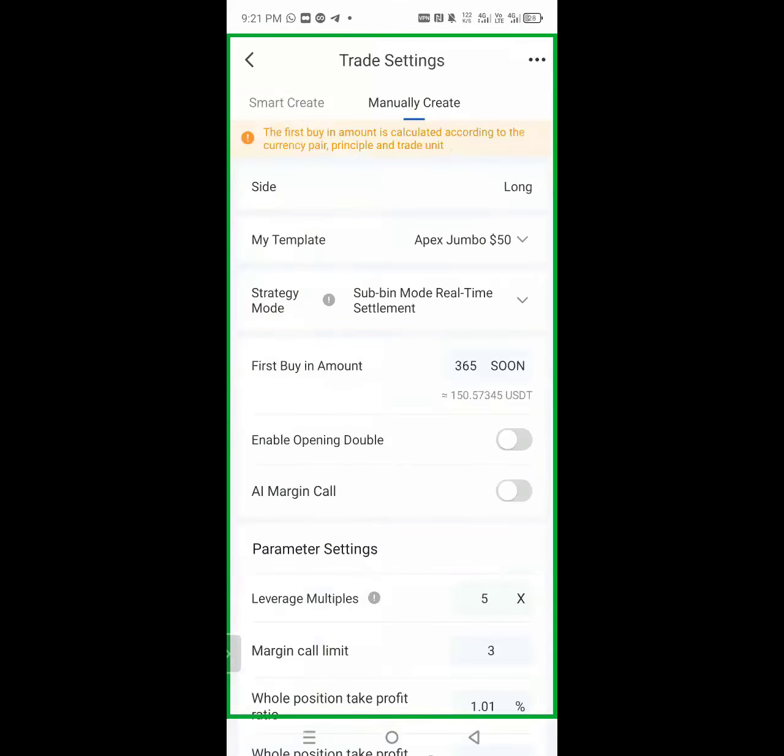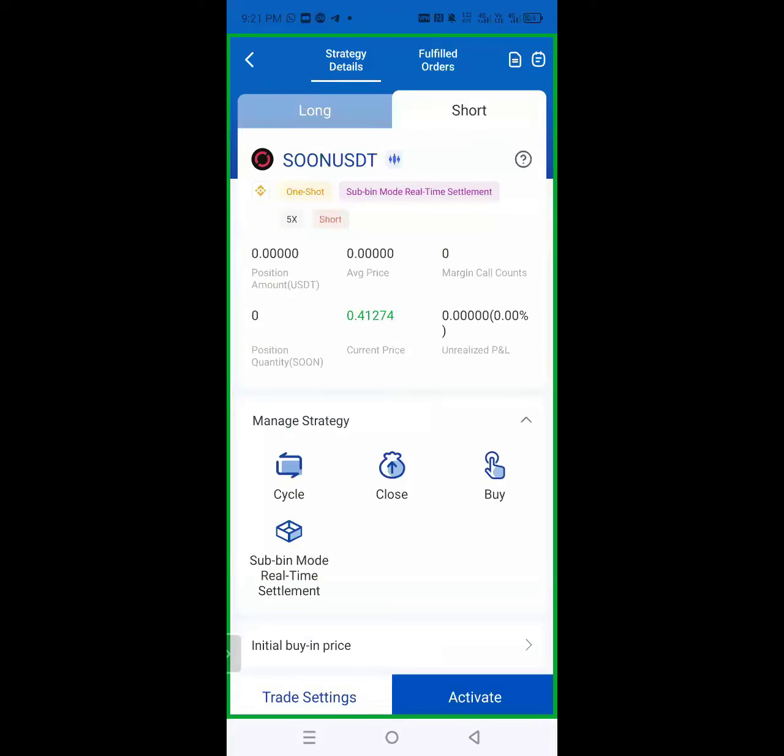So you can see in futures, we have the long and the short. Please don't make a mistake. If the signal is for long, you set trade settings for long. If it's for short, you set for short. You understand? Please, no mistake.